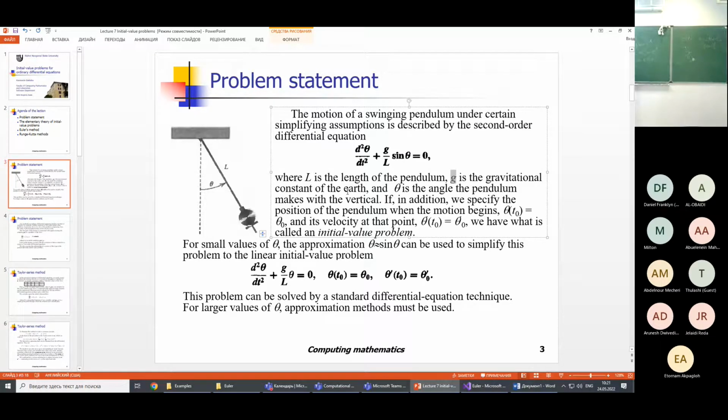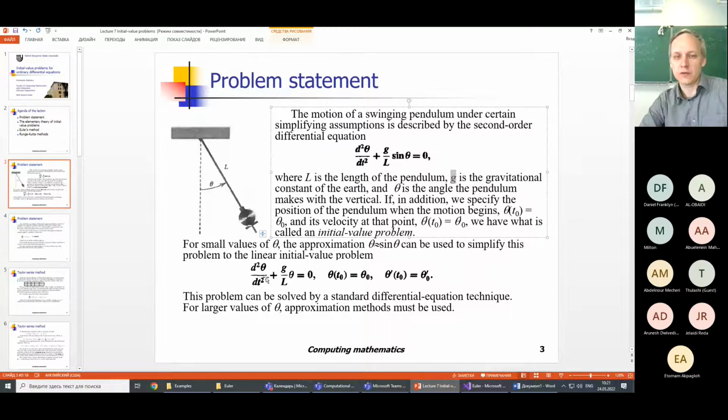In this case, if the angle theta is small, we can say that sin theta approximately equals theta. And we can simplify this differential equation and write it in this form.